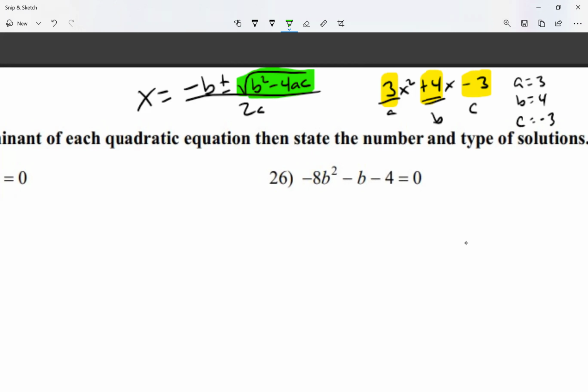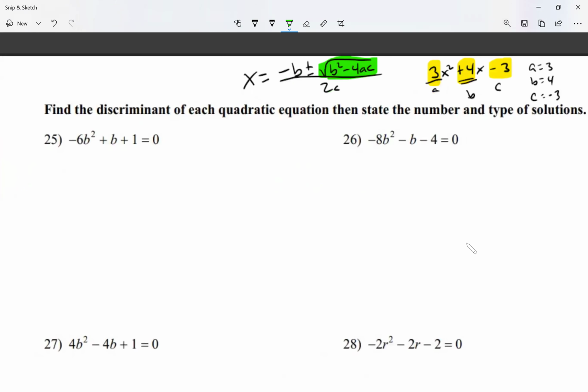On top of that, I'm just going to look at the inside of the square root. So I'm looking at just b squared minus 4ac. That's all I'm going to be looking at when I say the discriminant.